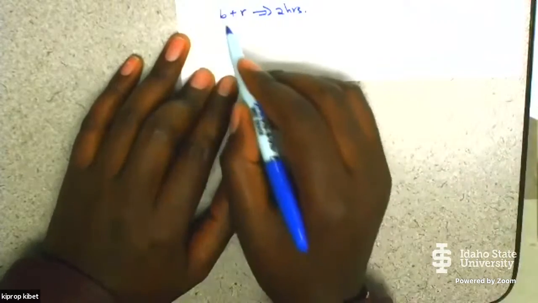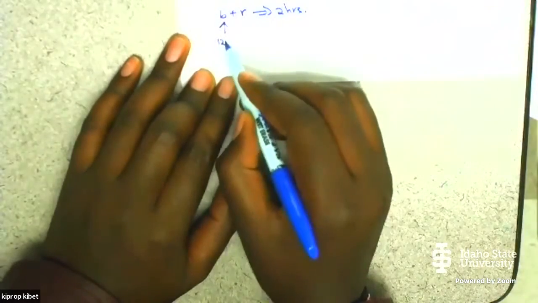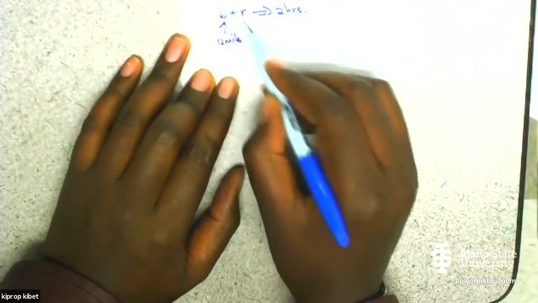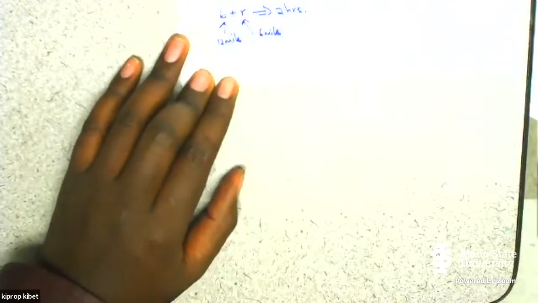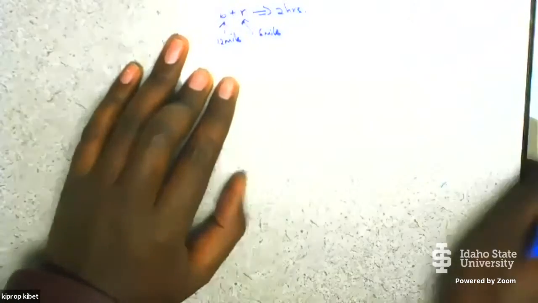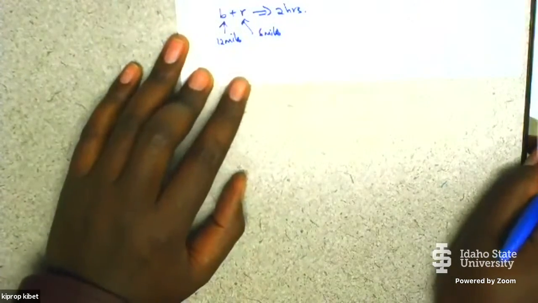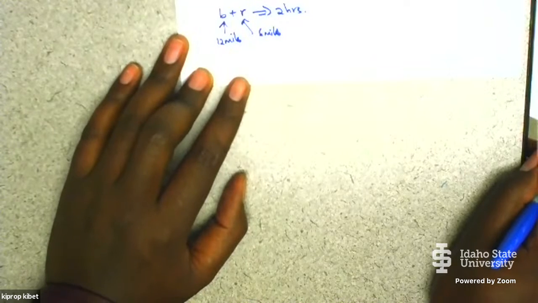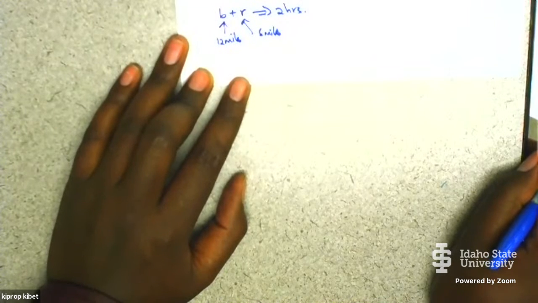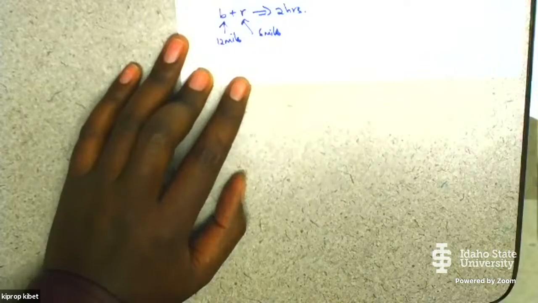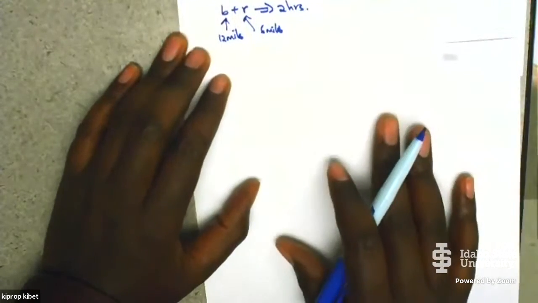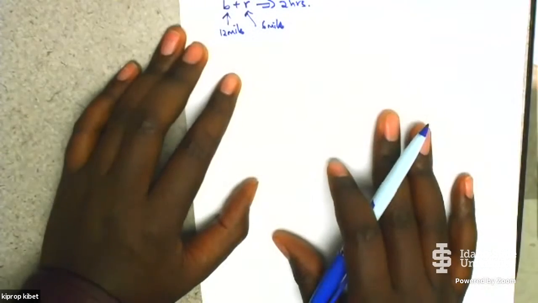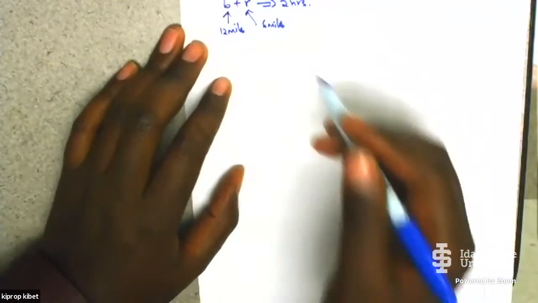So biking 12 miles, running 6 miles. Her rate for running was 10 miles per hour less her biking rate. So we can take biking.